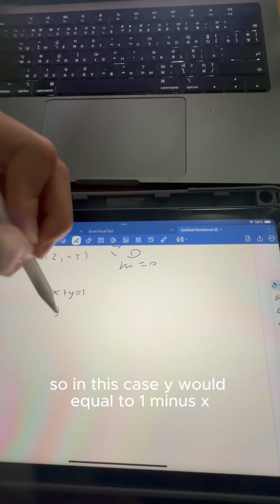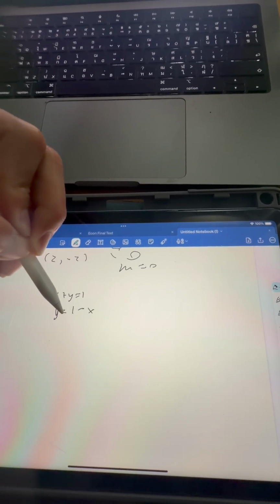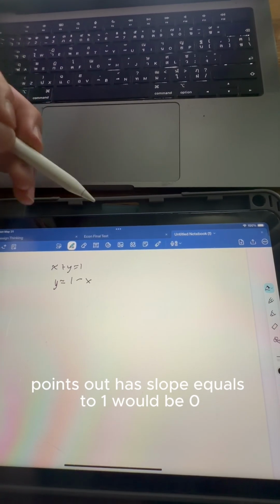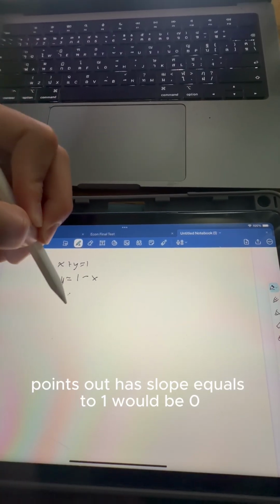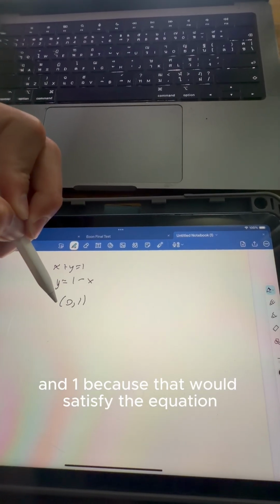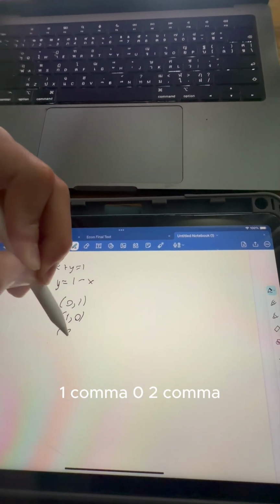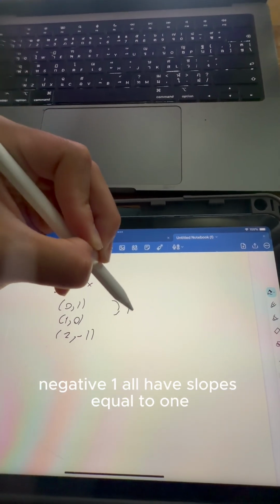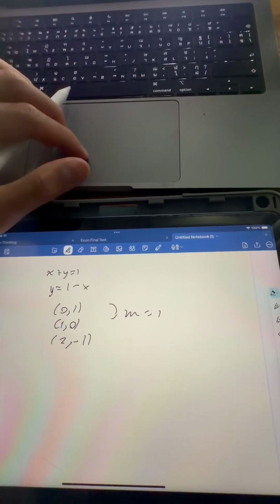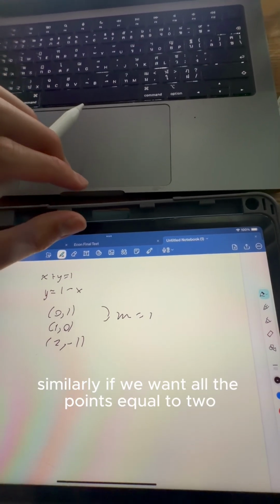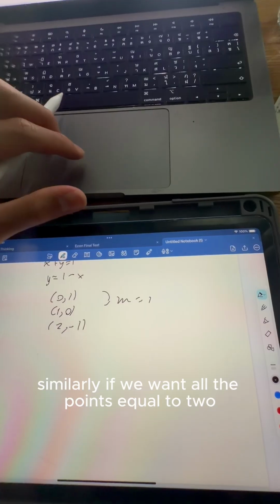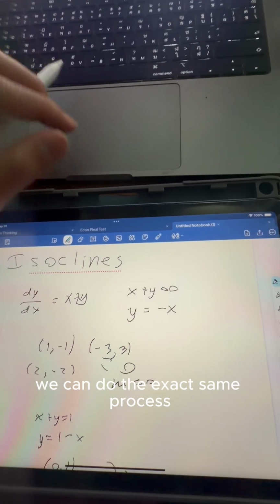So in this case, y would equal 1 minus x. For example, points that have slope equal to 1 would be (0, 1), (1, 0), (2, -1), because those satisfy the equation. All have slopes equal to 1. Similarly, if we want all the points where the slope equals 2, we can do the exact same process.